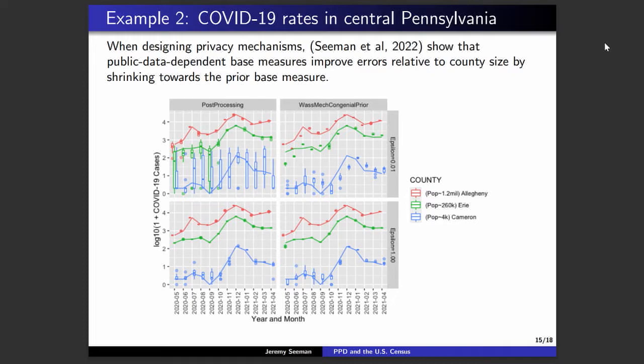And we see that when we are working with smaller counties, we have the ability to shrink towards our prior value, knowing that there's less signal to noise for these smaller values. So unlike the situation in post-processing where we're introducing a lot of noise and we don't know its form, this is a situation where we know what the noise is because we're shrinking towards a prior. And this naturally induces a bias variance trade-off between the modeling assumptions we should make and how to design a good base measure given this public information. And I think that's something that would be an interesting follow-up for the people in this group.